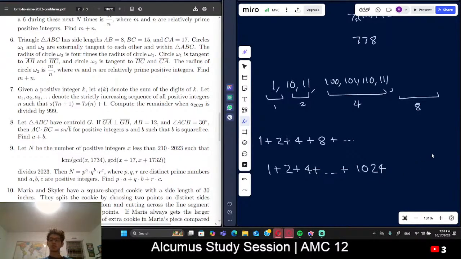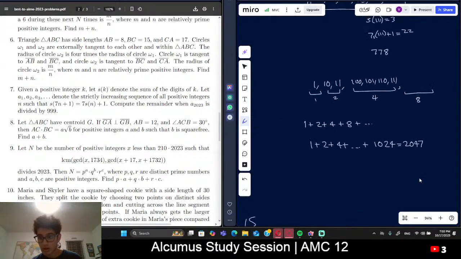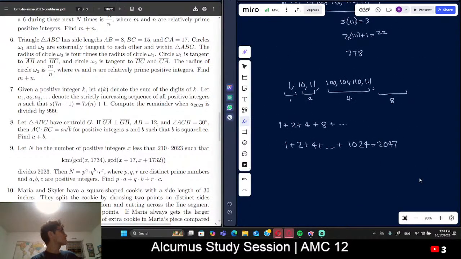Because you'd get closer and closer, and if there was another 1 here, this would become a 2, this would become a 4, this would become an 8, and that'll give you 2048. So this is equal to 2047. What is 1024? Which set would give you 1024?